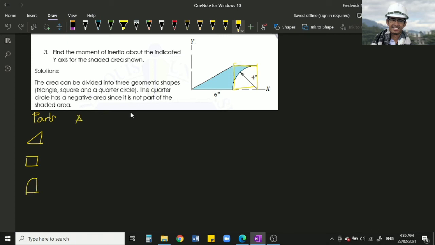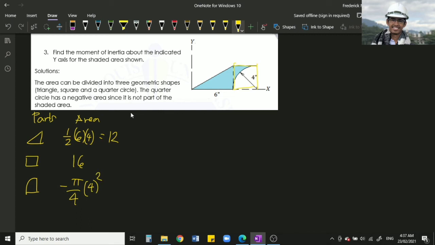So compute natin yung area ng bawat shape. So we have a triangle. So 4 inch yung kanyang height, 6 yung base. So that will be 1/2 times 6 times 4. So that will be equal to 12. And rectangle natin, that will be 4 times 4, that will be 16. And for the quarter circle natin, negative siya, pi over 4 times 4 squared.